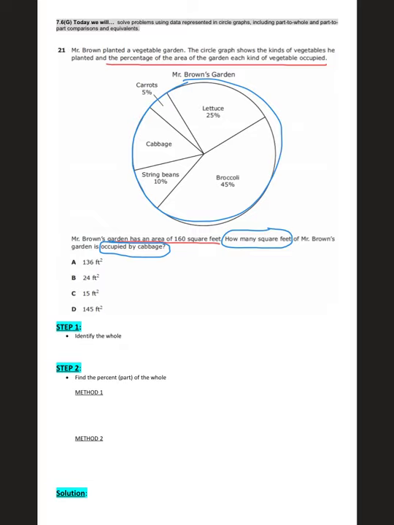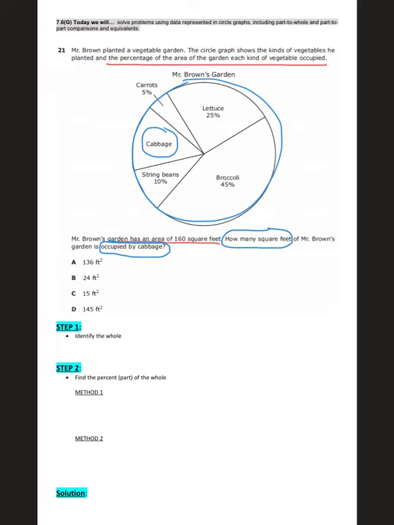Whenever we're solving these problems, we want to ask ourselves, is the problem asking me to make a part-to-part comparison? For instance, a part-to-part comparison here might be comparing string beans to broccoli, because those are parts of his garden. But here, they want us to compare the amount of square feet occupied by cabbage, right?